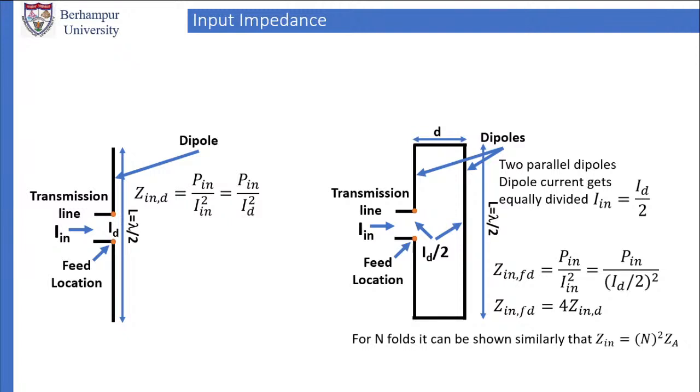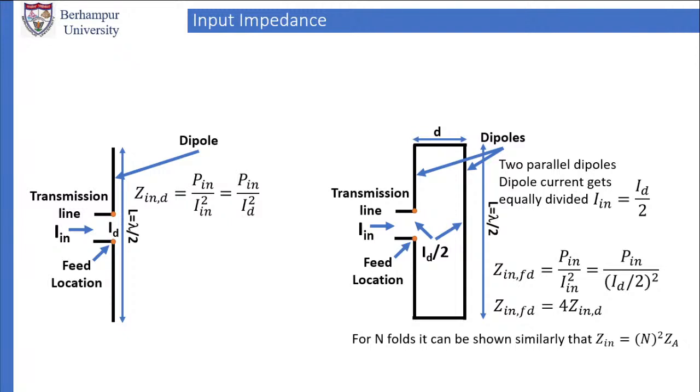Now what will be the input impedance at the point where we are giving the input, at the feed location? Let us say that is Z_in,D, where D is for dipole. So Z_in,D is the input impedance. How do you define impedance?